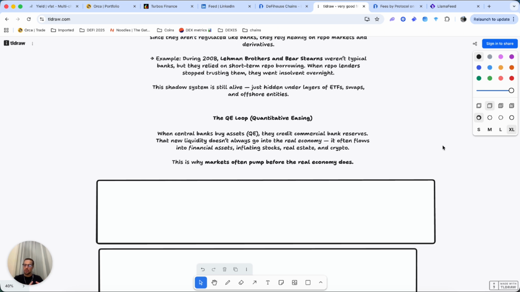That new liquidity doesn't always go into the real economy. It often flows into financial assets, inflating stocks, real estate, and these days crypto. So this is why the market often pumps and goes up before the real economy does.